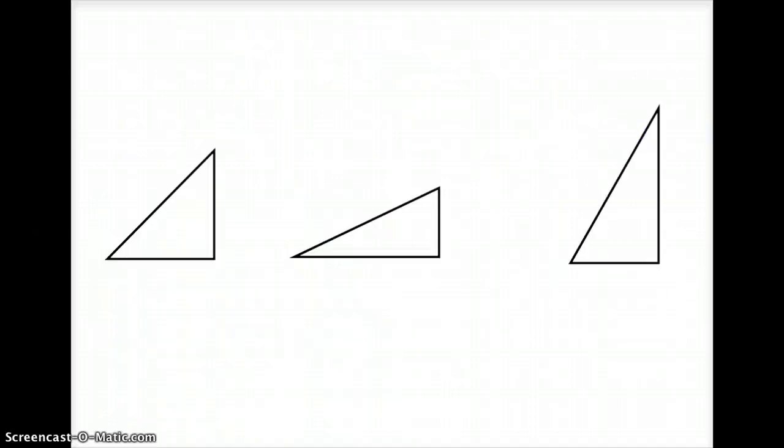Just as a quick recall, we want to remember our side lengths for three special right triangles. In particular, when we have a 45, 45, 90 and the hypotenuse measures 1, then the two side lengths are radical 2 over 2 for both sides.